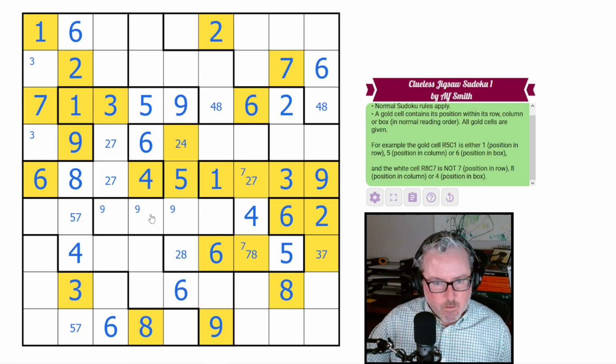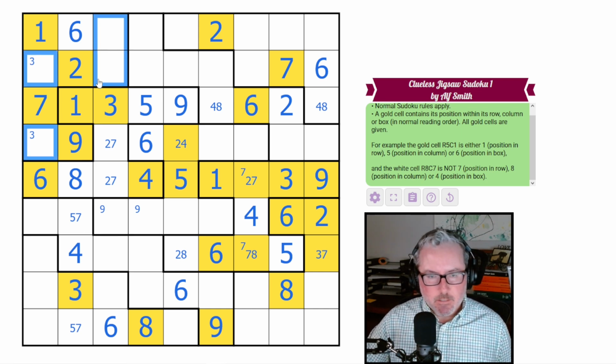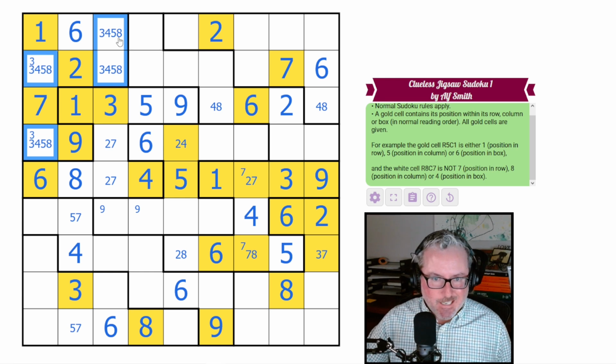Okay. That means this is not a 9. Maybe we need to go look at these guys and think about negative constraints again. 3, 4, 5, and 8. These are not 3s. 1, 2, 3, 4, 5, 6, 7, 8.